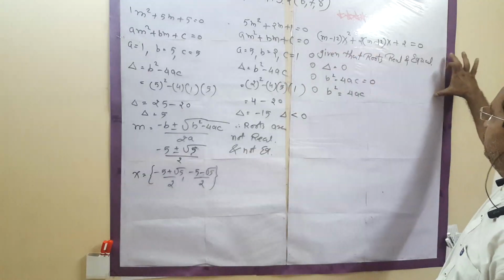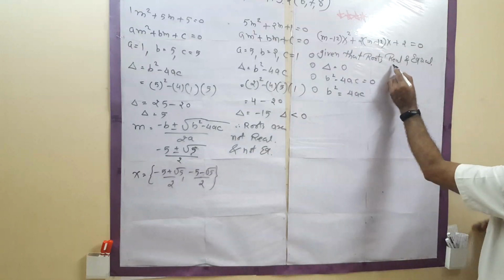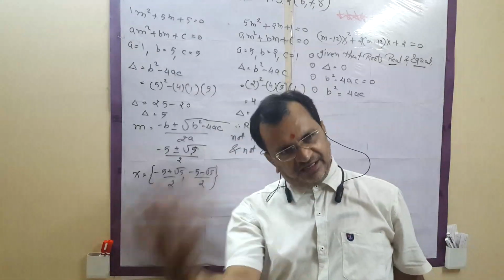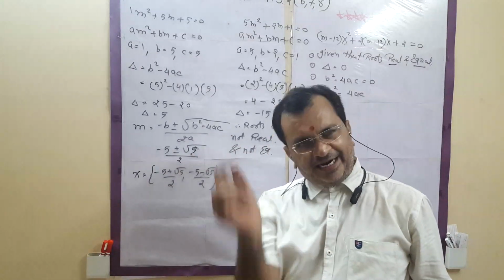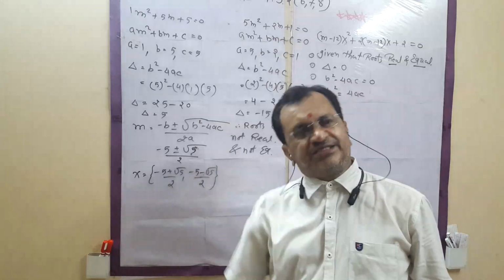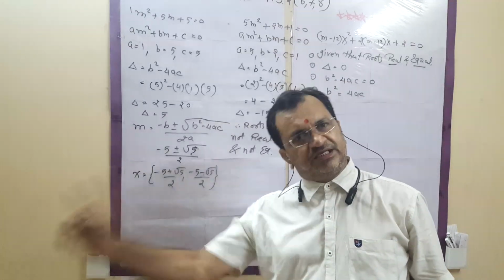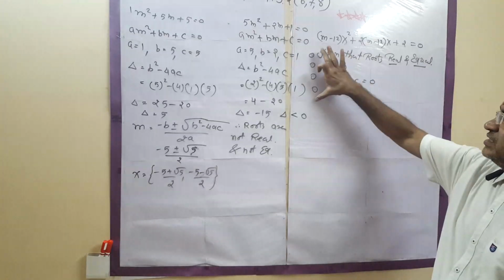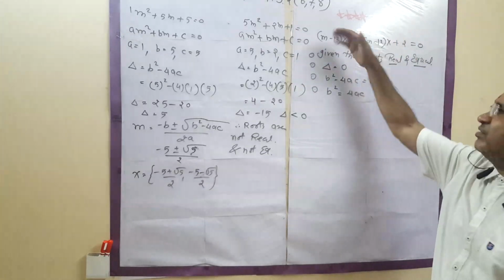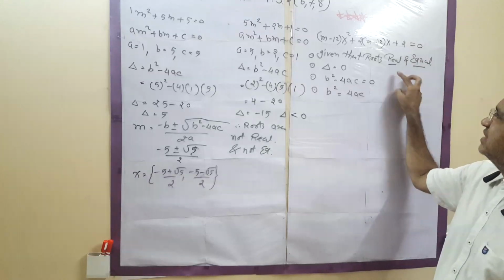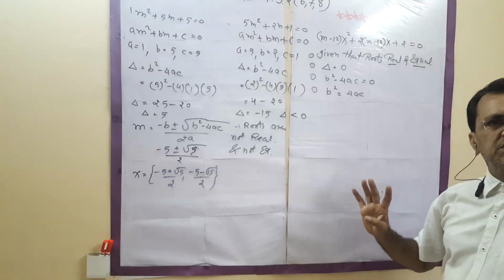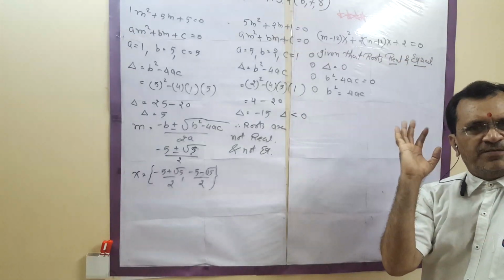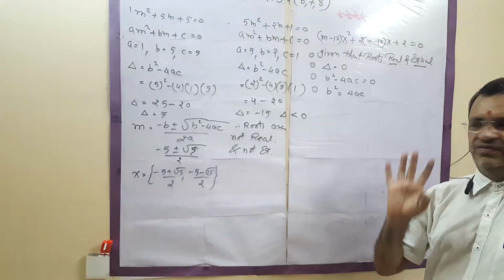These 4 steps you have to write where it is given real and equal. First write in words it is real, it is equal. Then write discriminant is equal to 0. What is discriminant? B square minus 4ac is equal to 0. That minus goes to this side. In any question, this 1, 2, 3, 4 is a compulsory step. That is the same as in the textbook.